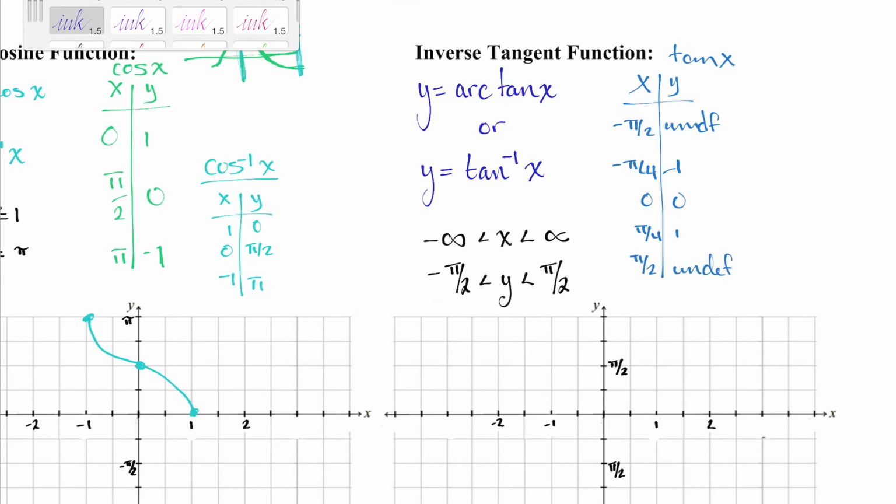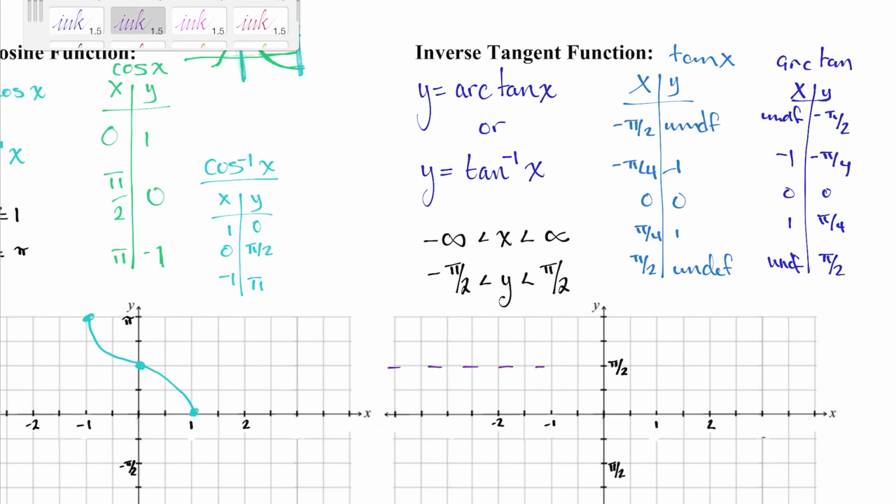Whenever I do the arctangent, or the inverse tangent, tangent to the negative first, we're just switching those out. That means I have asymptotes going horizontally instead of vertically, because y equal to negative pi over 2 and y equal to positive pi over 2 are my asymptotes now.